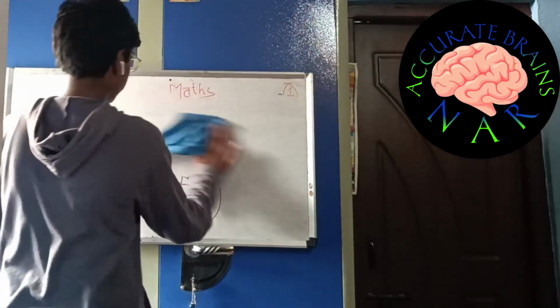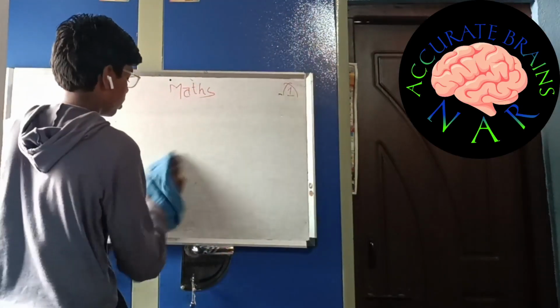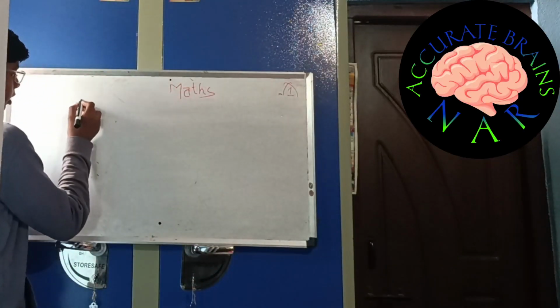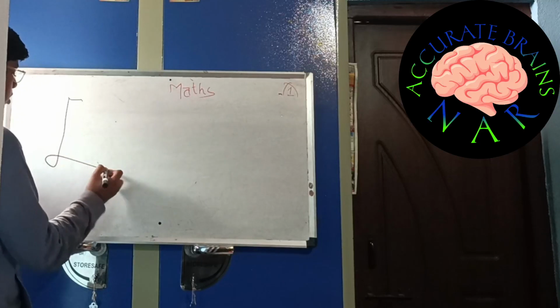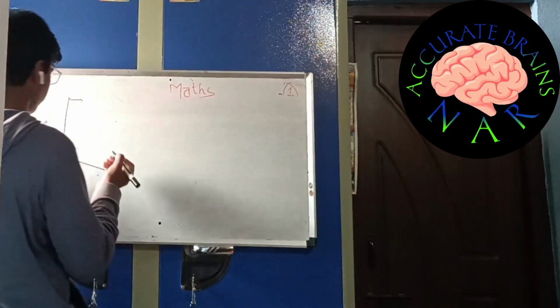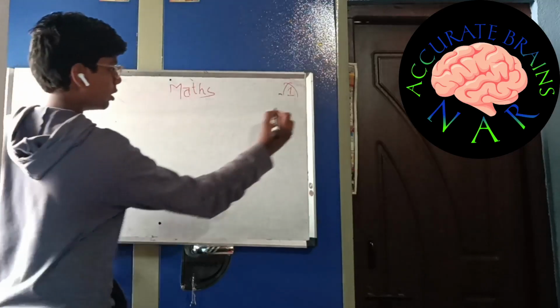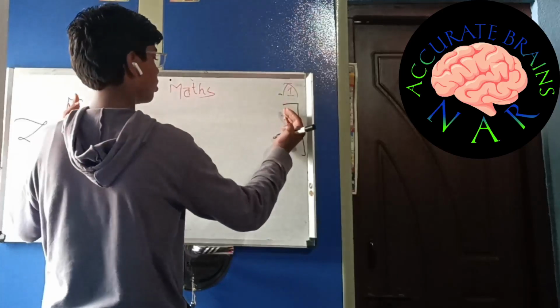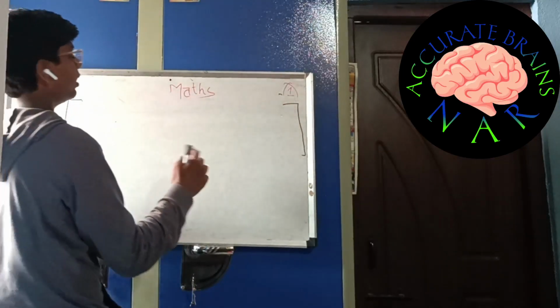If I wrap this, I can occupy the whole board, since I am using only half of the board, right? Here integers are denoted with Z. So Z equals, in brackets, where the integers lie.